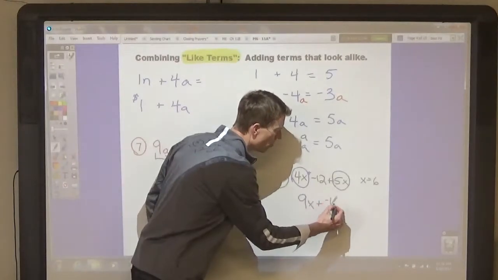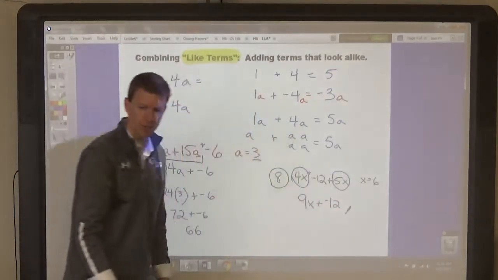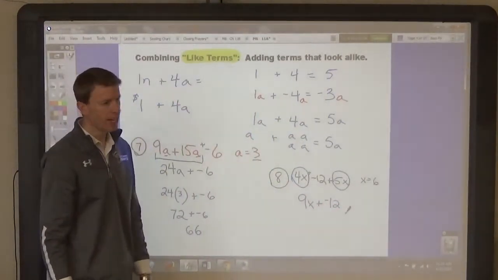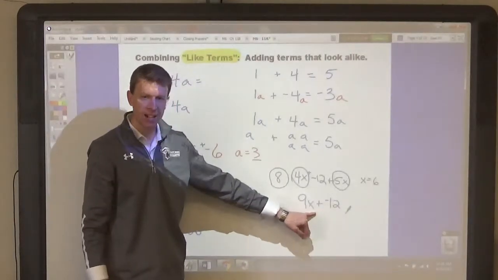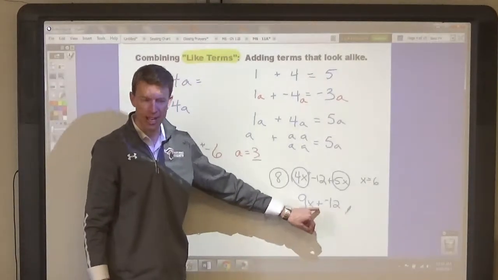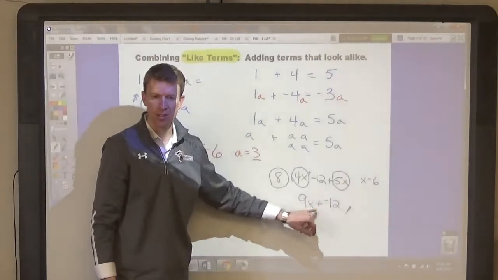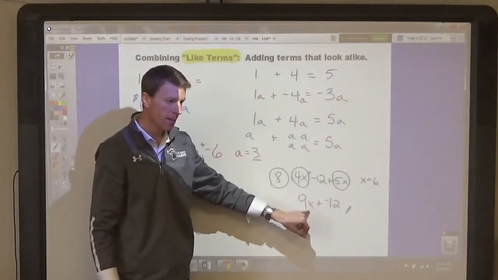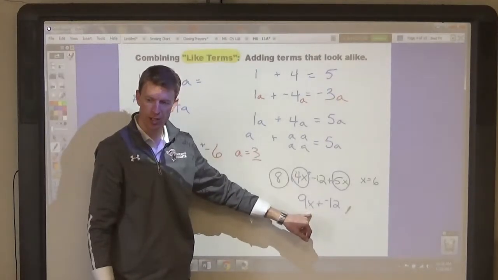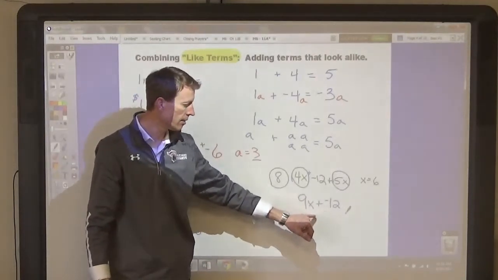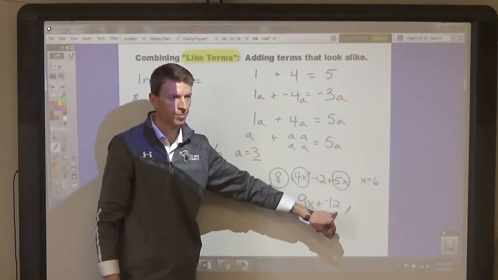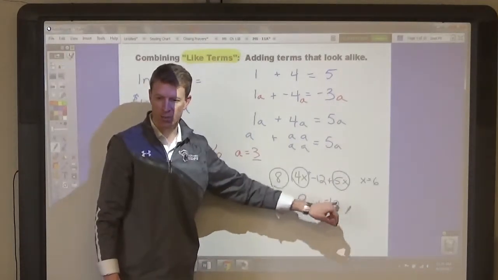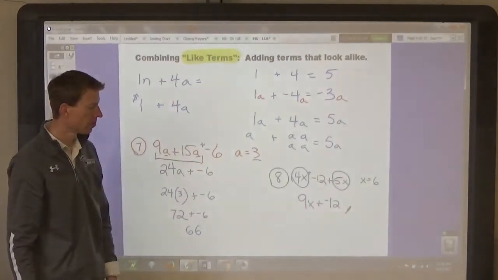Is this negative 12x or just negative 12? Just negative 12. This is 9x's. Can we add these two? No, they don't look alike. One of them is being multiplied by x, the other one is not. So these are not alike. We cannot add these together.